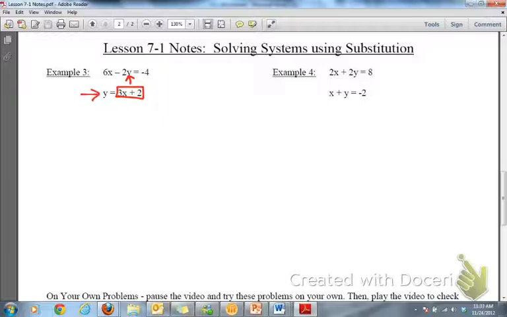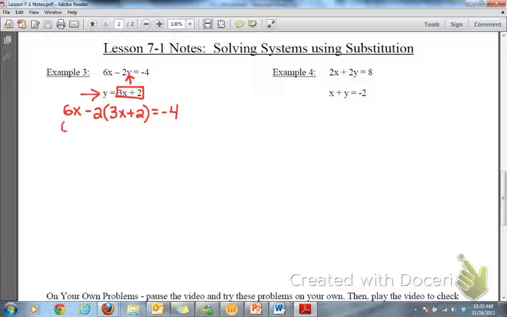So now I'm going to rewrite this first equation. The first equation is going to become 6x minus 2 times y. But instead of y, I'm putting 3x plus 2, because that's what y equals. And then finish out that first equation. The first equation equals negative 4. Okay, so now I solve this equation for x, because the only variable it has is x.